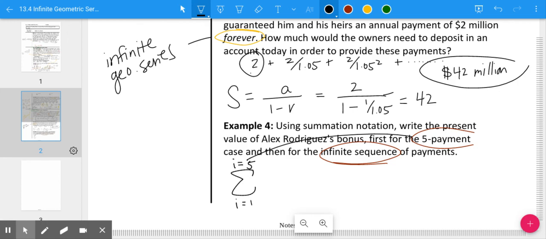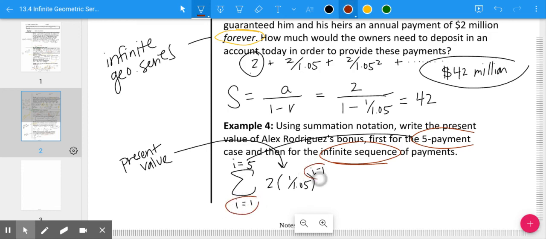I generate each term by the present value formula. So my rule to get each term is the present value formula, which is 2 times my R, 1 over 1.05 to some power. Now, I'm doing I minus 1 because I'm having this start at I equals 1.